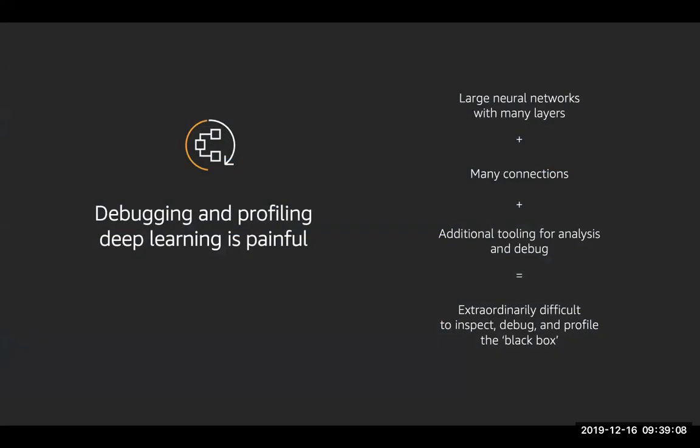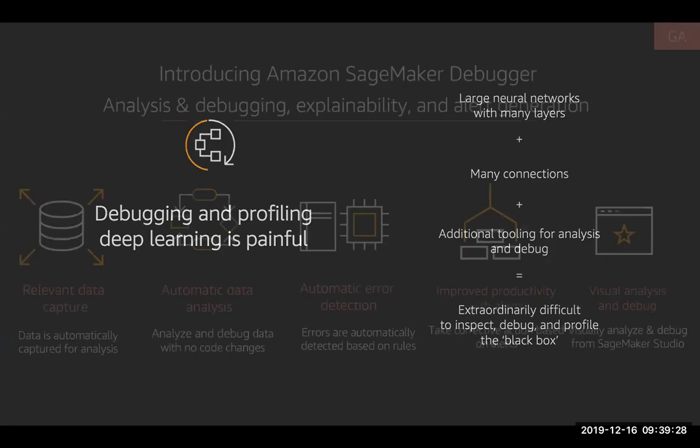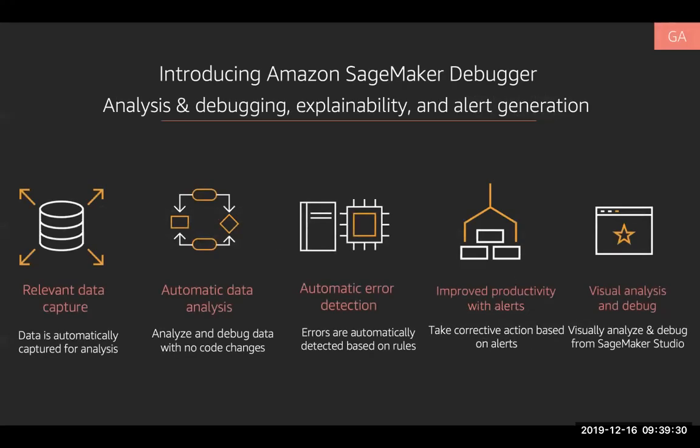And then another big thing is around debugging, right? So when you're training your models, in many cases, it's really hard to understand what's happening. Especially if you look at deep learning, you're using large neural networks with many layers, many connections. It's kind of a black box what's happening throughout the training. And we introduced Amazon SageMaker Debugger, which makes it easier for you to keep track. So Debugger is using something called rules, where you define metrics you want to look for.